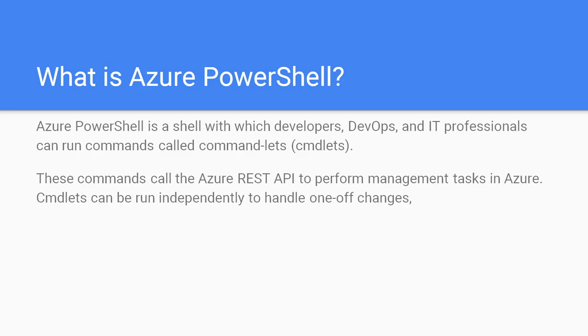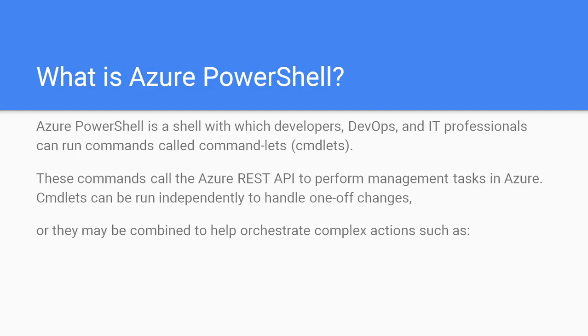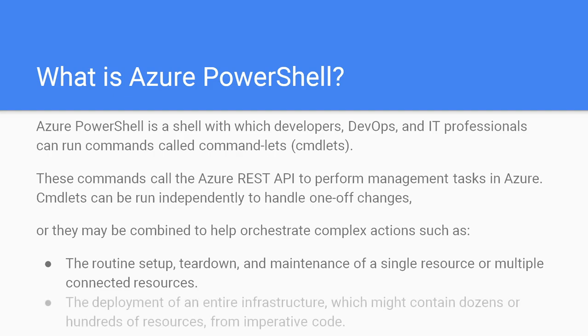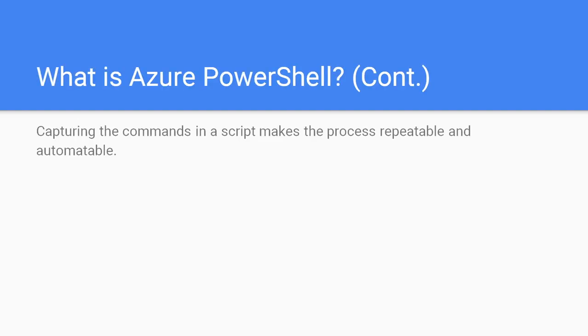Commandlets can be run independently to handle one-off changes, or they may be combined to help orchestrate complex actions such as the routine setup, teardown, and maintenance of a single resource or multiple connected resources, or the deployment of an entire infrastructure, which might contain dozens or hundreds of resources, from imperative code. Capturing the commands in a script makes the process repeatable and automatable.